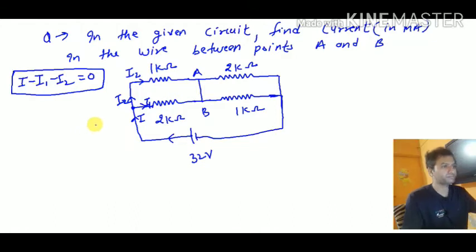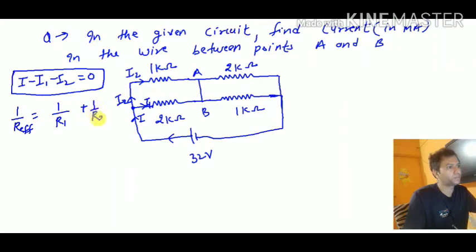Now students, if current is dividing, it means these two resistors are in parallel. By using the parallel combination we know that if two resistors are connected in parallel, then 1 upon R effective is equal to 1 upon R1 plus 1 upon R2.